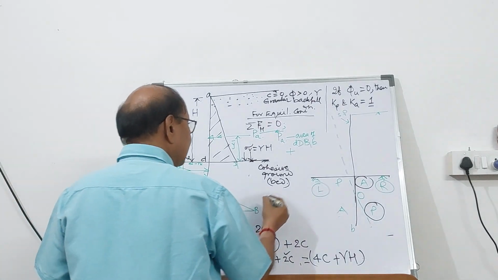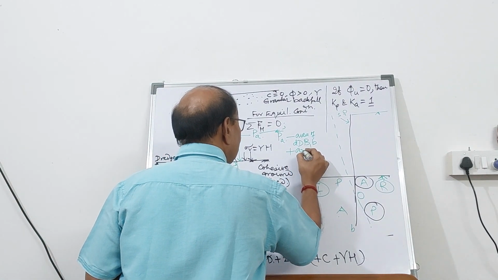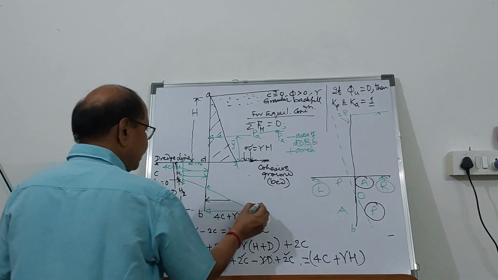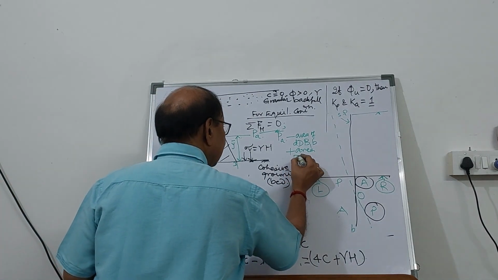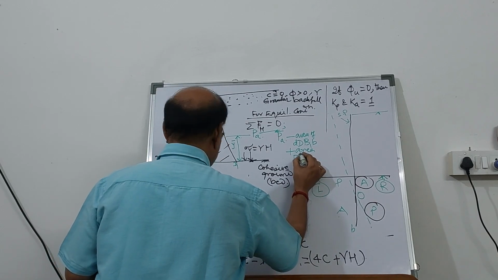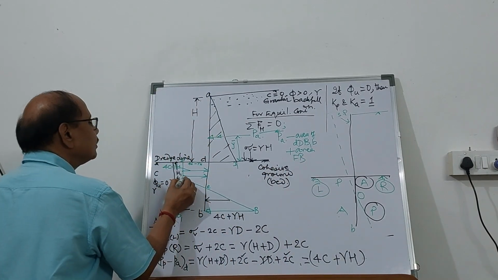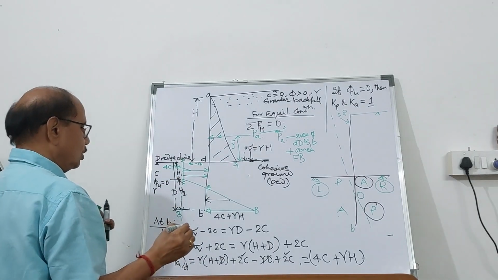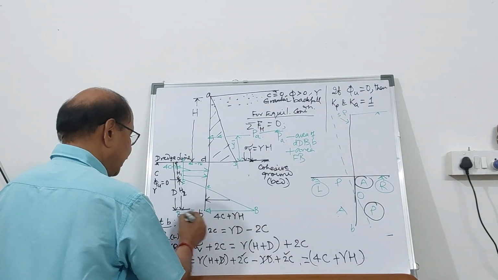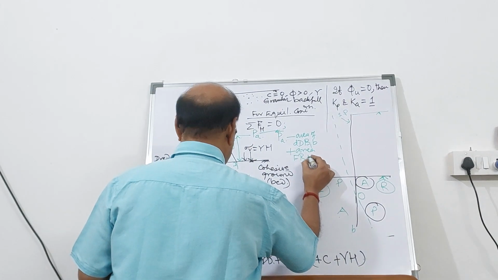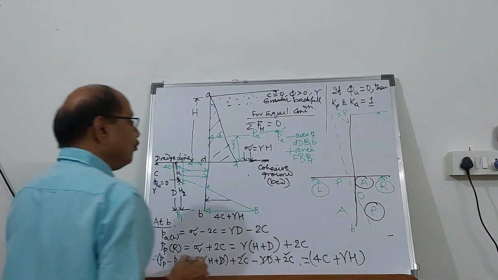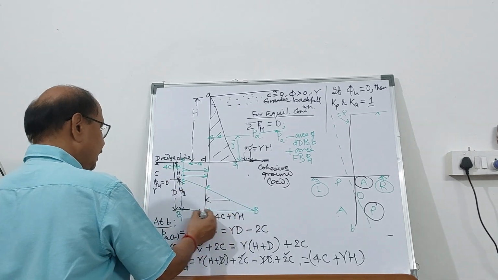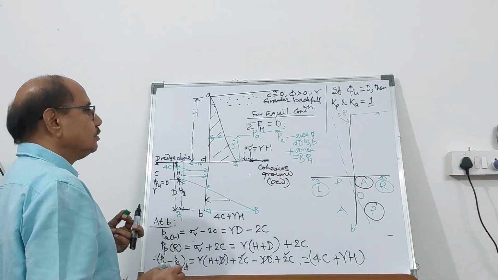So plus area of pressure distribution diagram F, B, B1.